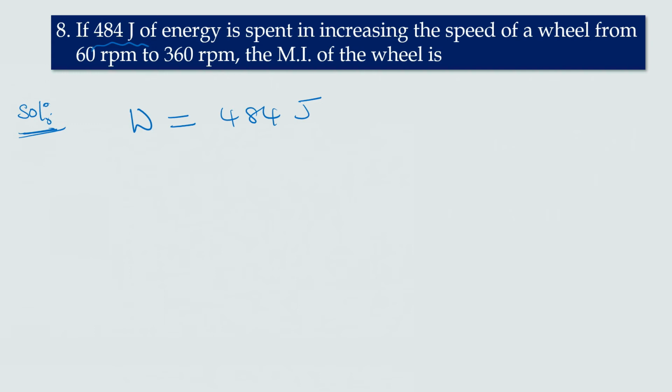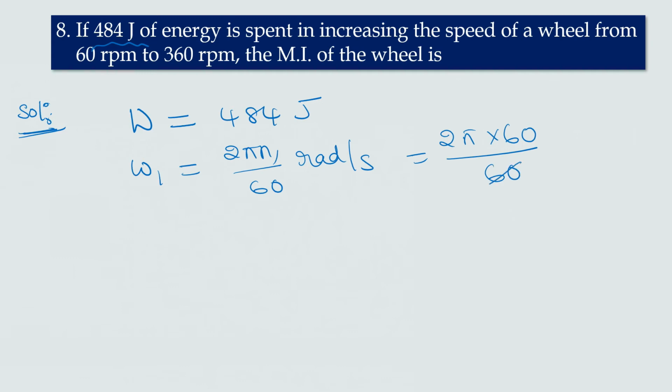Now omega 1 is equal to 2 pi n1 by 60 radians per second, that is 2 pi into 60 by 60, which is 2 pi radians per second.